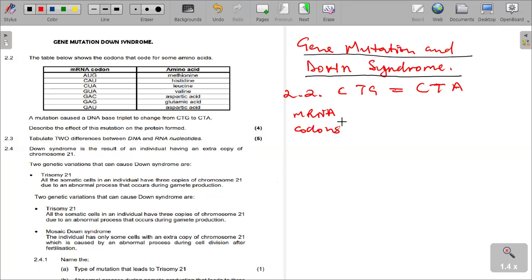Before the mutation, the DNA triplet CTG gave the mRNA codon GAC, and after the mutation it changed to GAU.